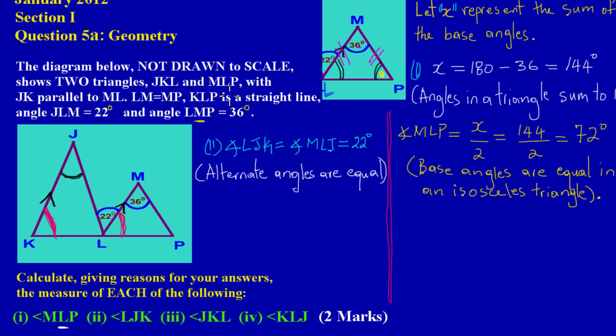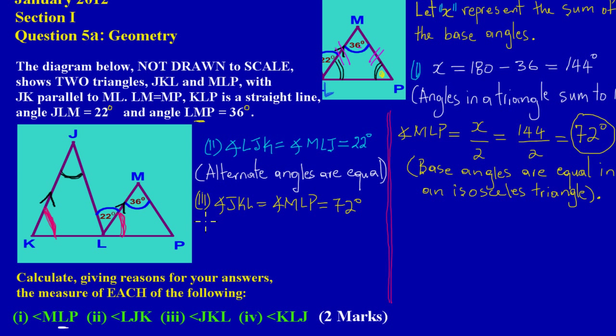So I can say now, for part 3, the angle JKL is equal to the angle MLP, which we have found earlier in part 1. This angle here, MLP, or 72 degrees right there, is equal to 72 degrees.